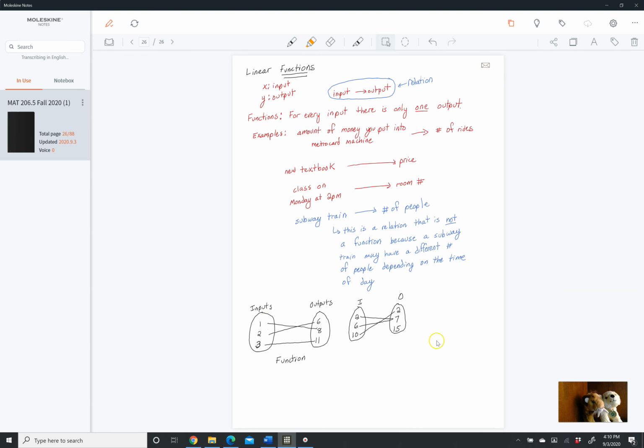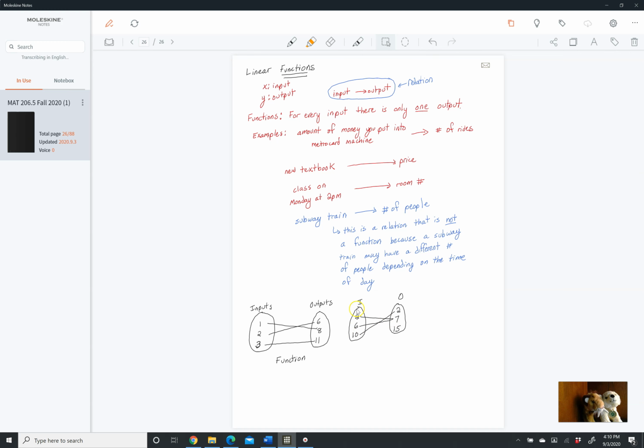Okay, let's see if this is a function. So again, everything that we write here are now relations. It's whether or not we have functions. So here, an input of 2 gives us a 7. That's only one output. We're okay so far. And an input of 6 also gives us a 7. But it's only one output. We input 6, we only get 7.